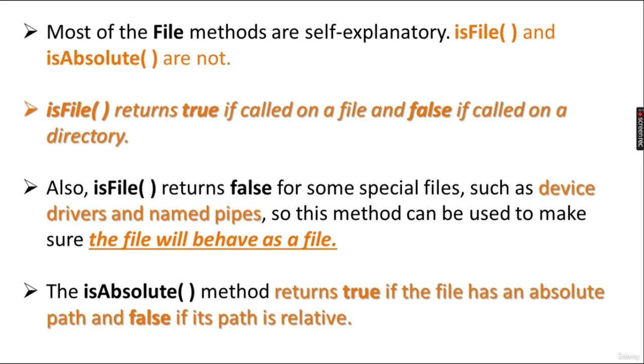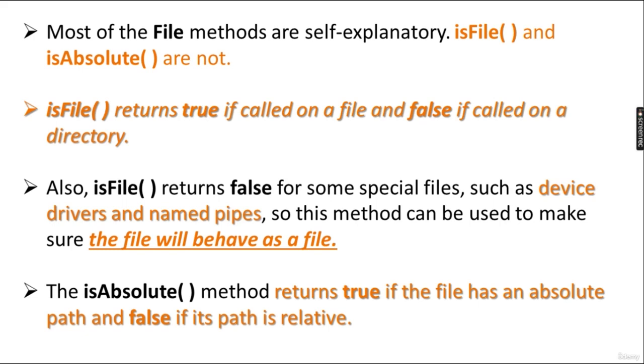Also, isFile returns false for some special files such as device drivers and named pipes. So this method can be used to make sure the file will behave as a file.